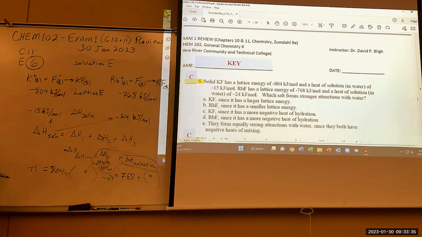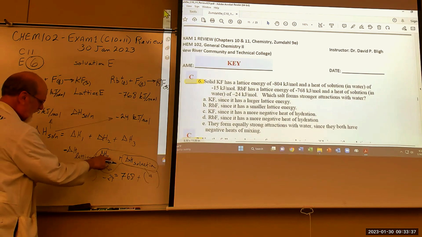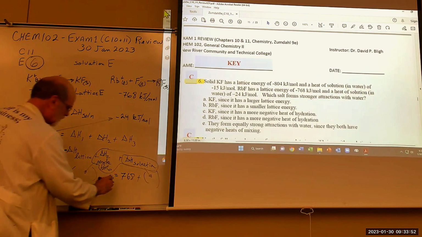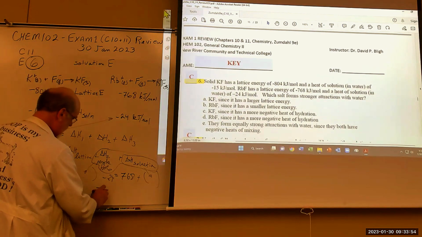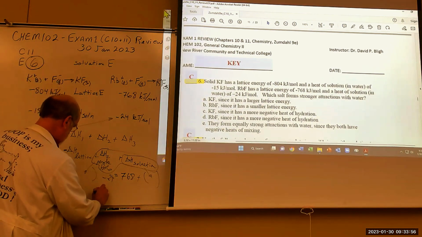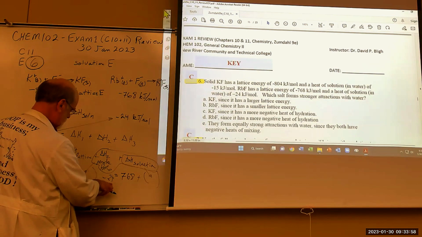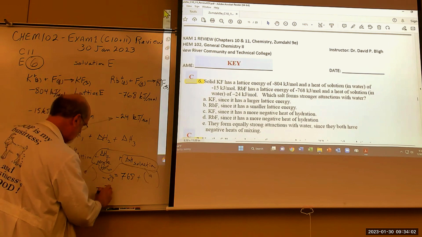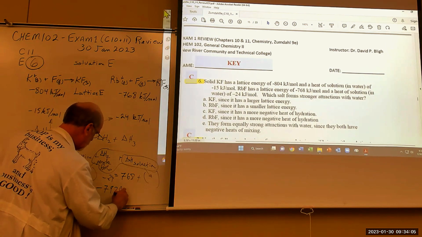Okay. So if this is going to be the same, then keep this on one side, put this on the other side. So this is a minus 819 kilojoules. And this one is a negative 792 kilojoules.